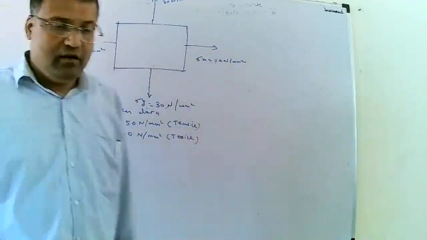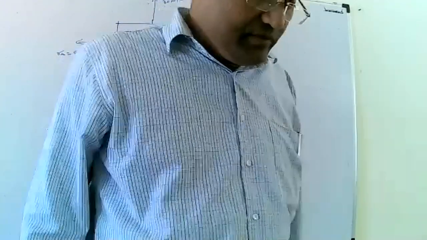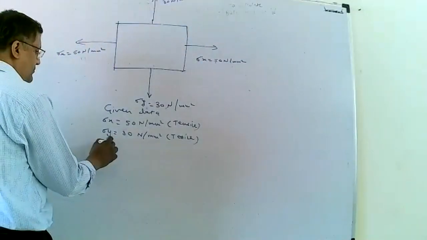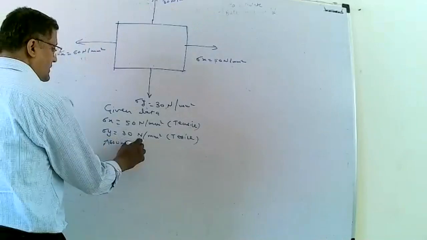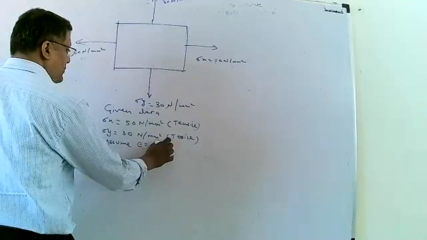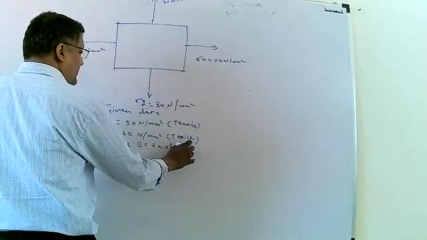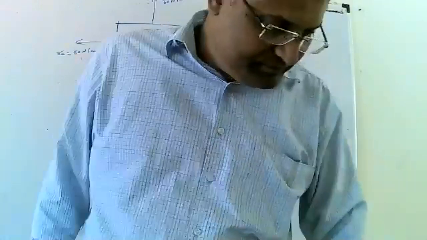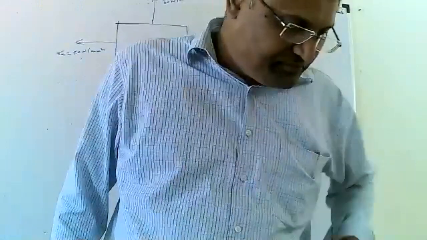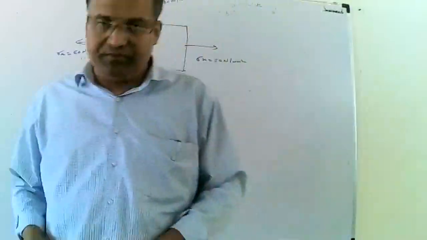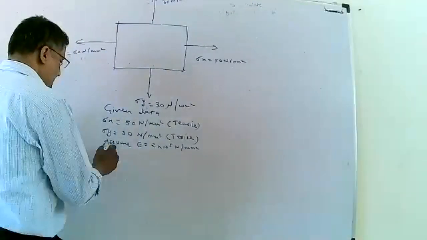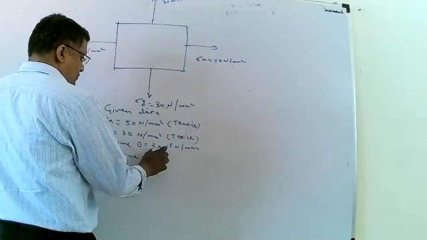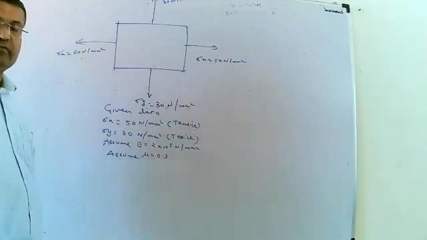Both are tensile. Then one more thing: if the value of E is not provided, assume E is equal to 2 into 10 raised to 5 Newton per mm square. If the Poisson ratio is not provided, assume Poisson ratio mu is 0.3.